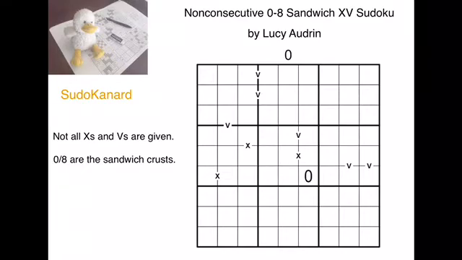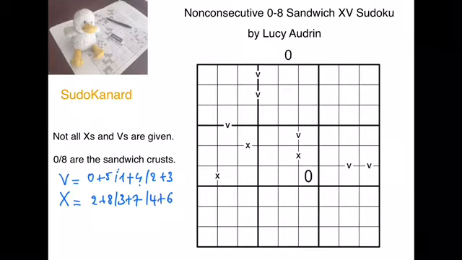Let's just note that V could be 0 plus 5, 1 plus 4, 2 plus 3, which is one more possibility than the classic XV Sudoku. 10 could be 2 plus 8, 3 plus 7, 4 plus 6, which is one less possibility than usual.